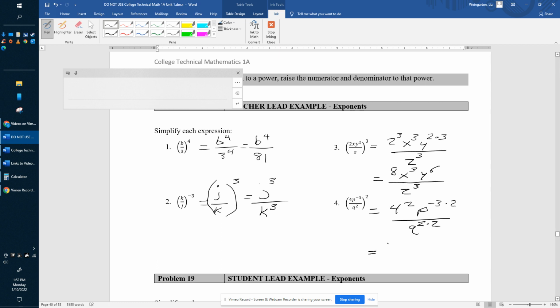That is 4 squared is 16 p to the negative 6 over q to the 4th, which is, got to get rid of that negative exponent or it's not completely simplified. So 16 over p to the 6, q to the 4th.